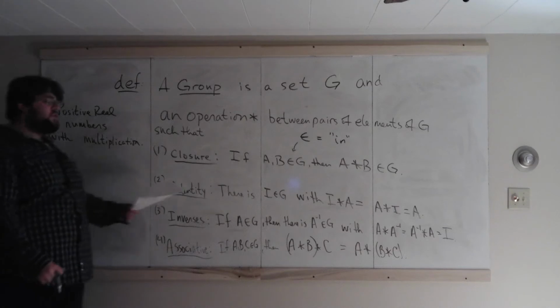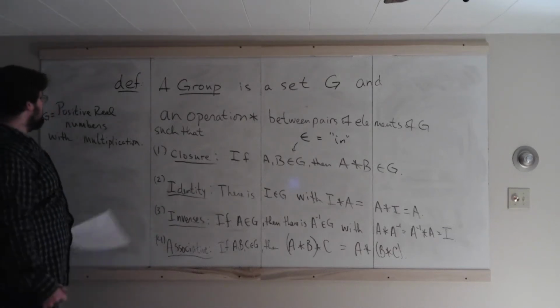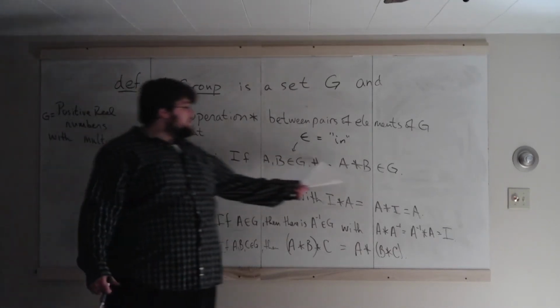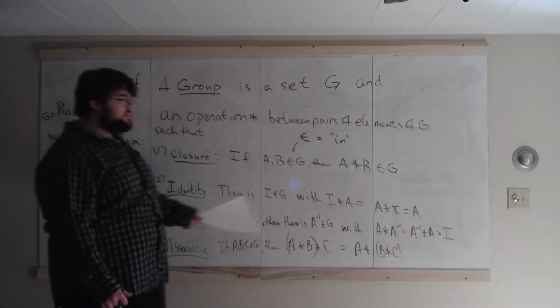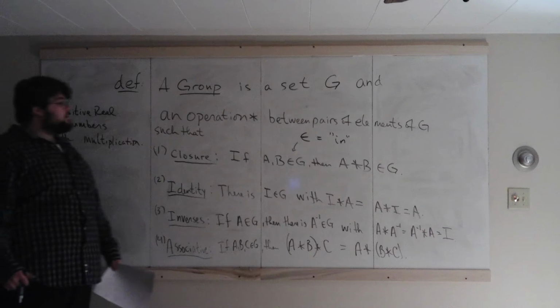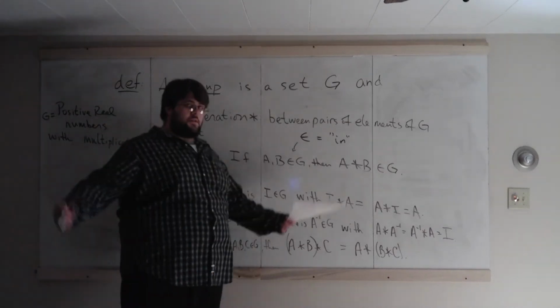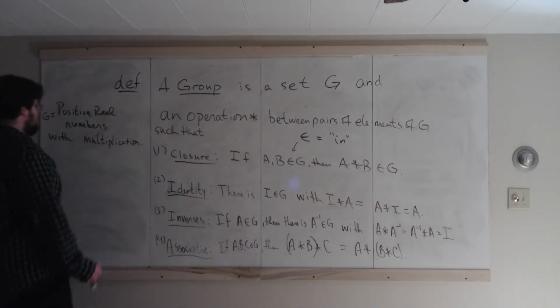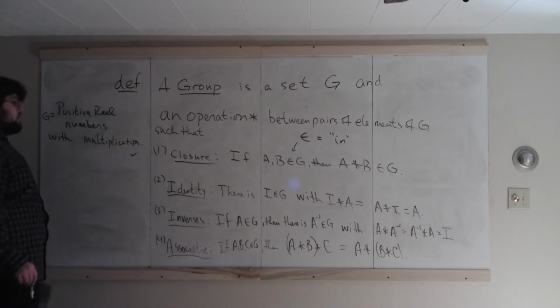Why? Well, let's go through the 4 properties. Positive real number times positive real number: is that another positive real number? Yes. Positive number times a positive real number is another positive real number. So, closure, satisfied. What about the identity?